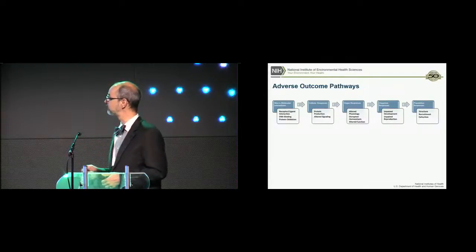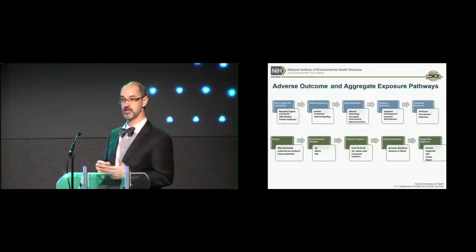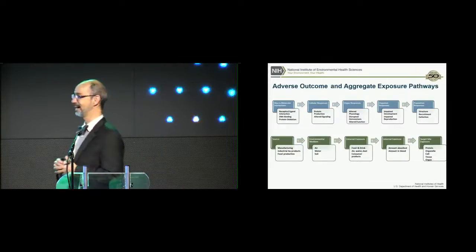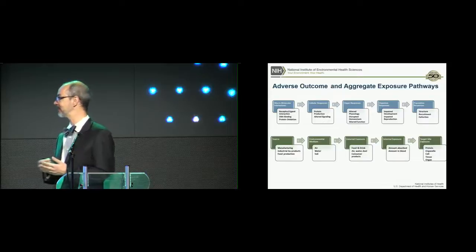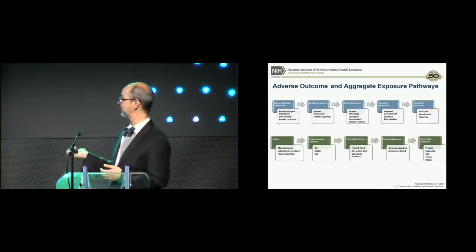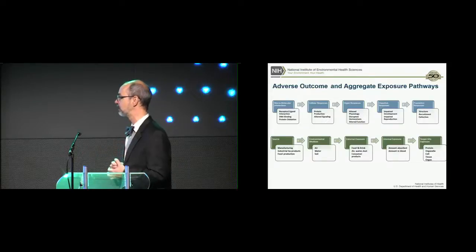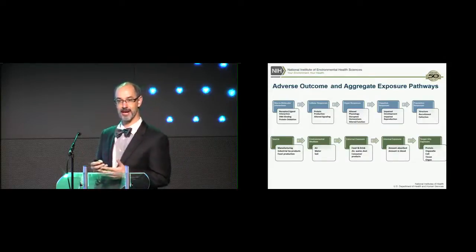And there's been some discussion, just in the last year or so, around an analogous pathway. We had a workshop primarily led by the US EPA this summer on aggregate exposure pathways.